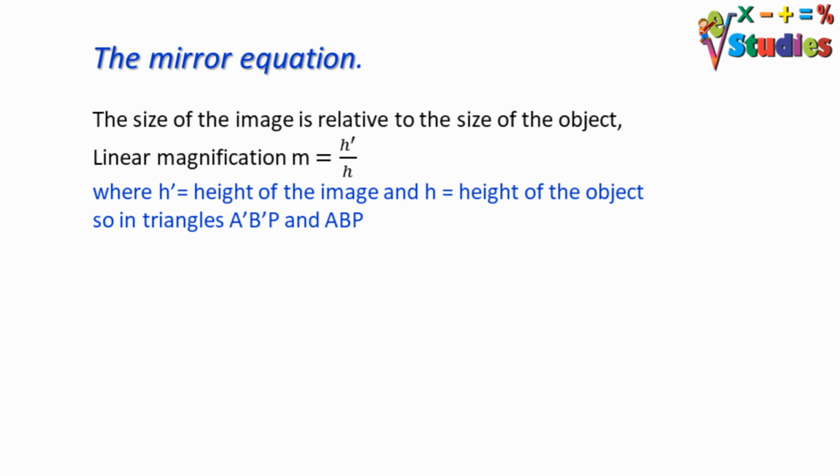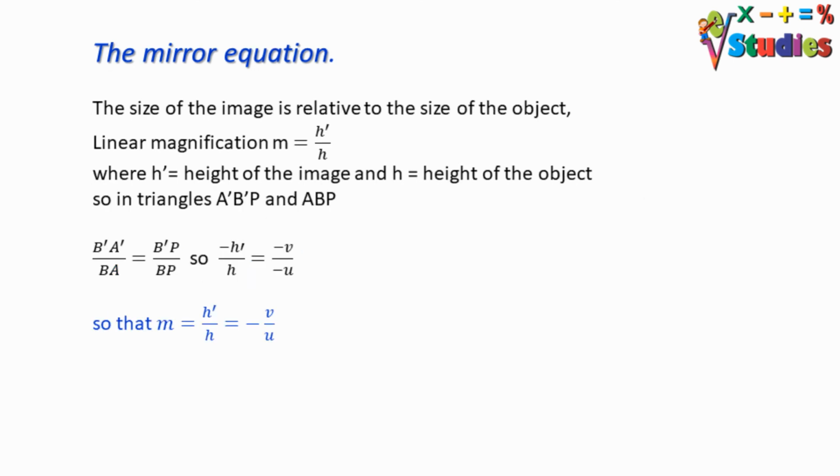So students, in triangles A dash B dash P and ABP, the ratio of B dash A dash to BA is equal to the ratio of B dash P to BP. So the ratio of negative h dash to h is equal to the ratio of negative v to negative u.